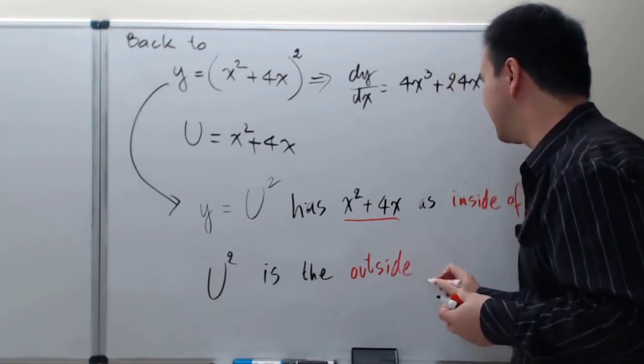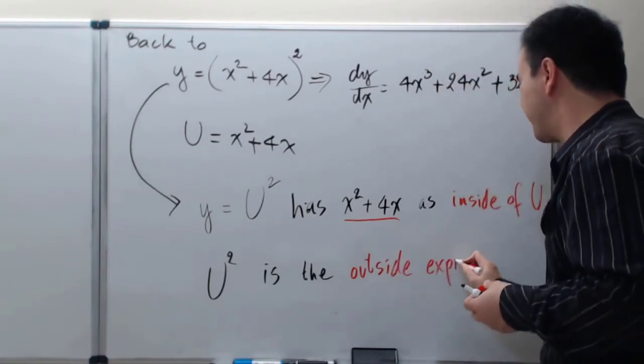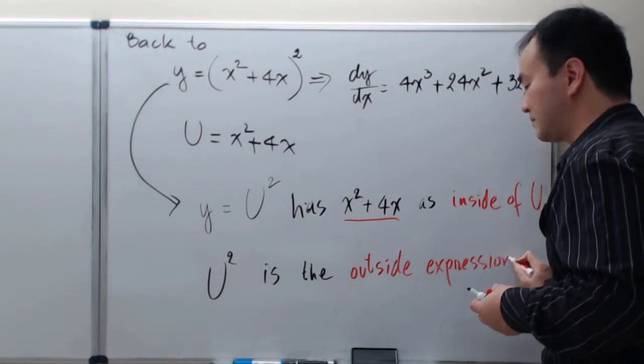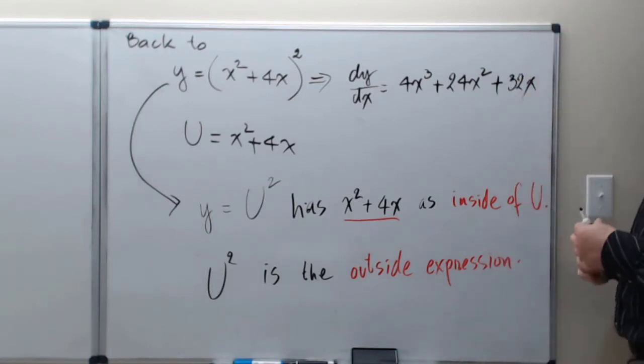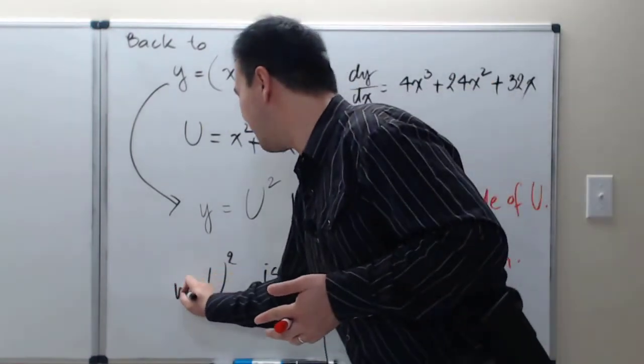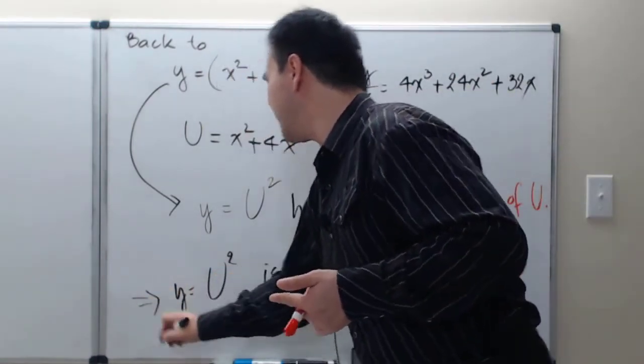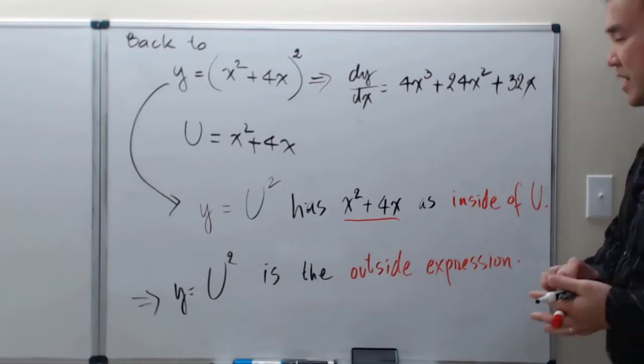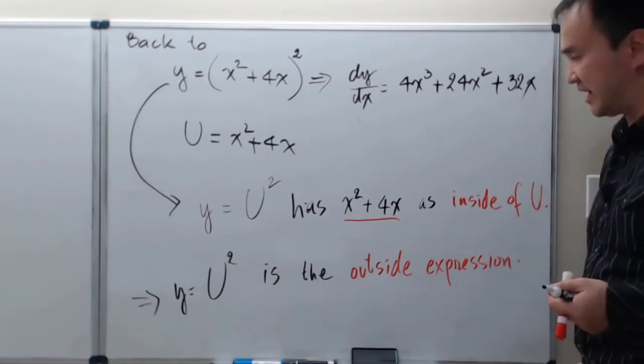Okay, the outside expression. So there's the concept of the inside and the outside expression. See, all that y equals u squared, the big u squared is being regarded as the outside expression.